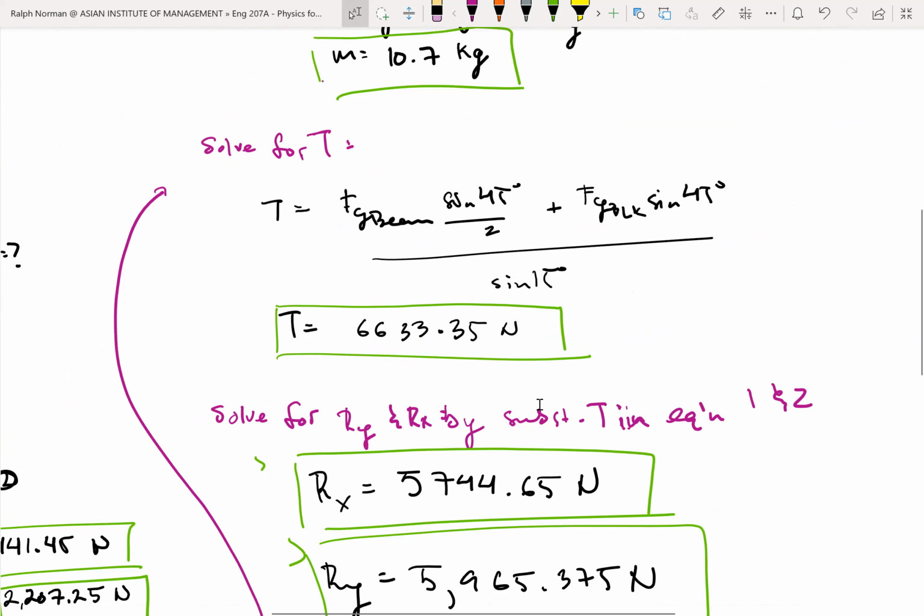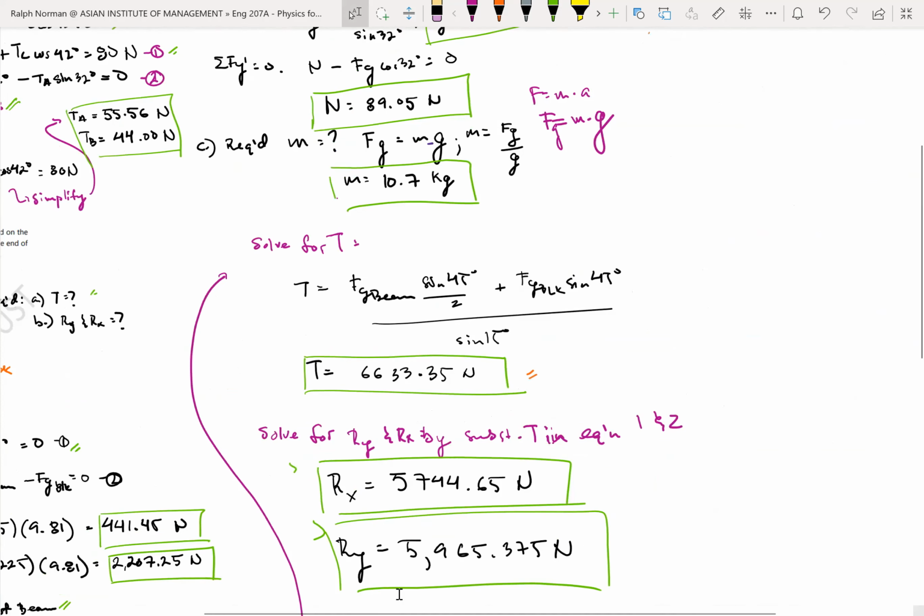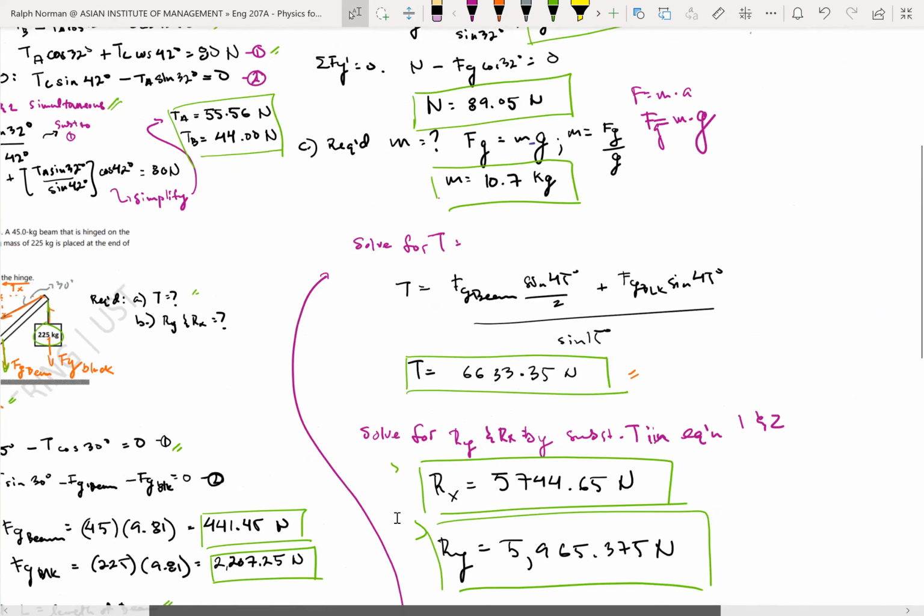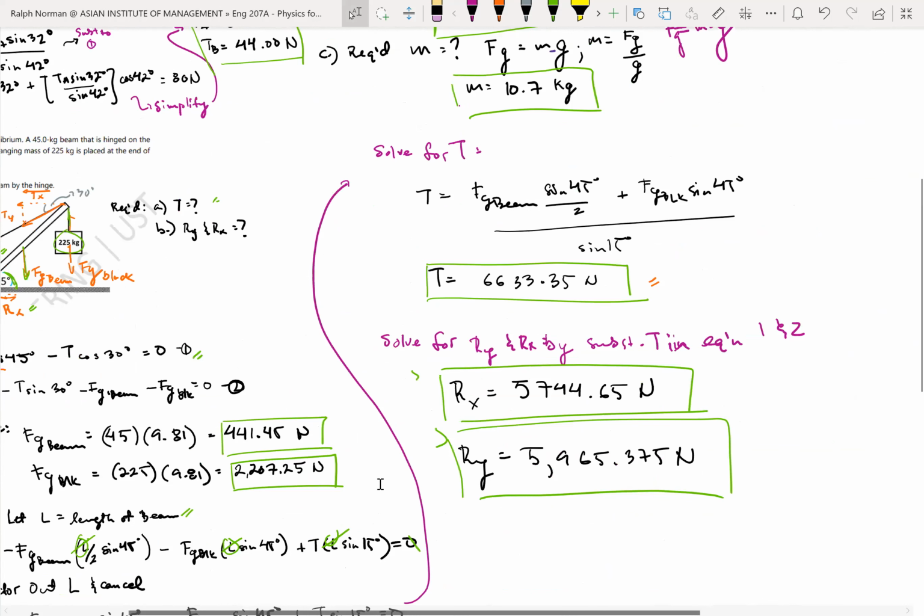You would arrive with 6,633.35 newtons. Now that you have this one, you can just simply substitute it to the respective equations and you would arrive with an Rx, Ry value of this one. Just substitute yung T dyan and then dito. You will get 5744.65 and 5965.375 newtons.